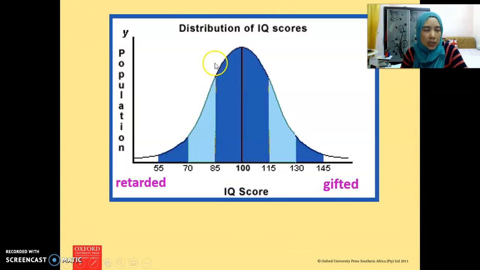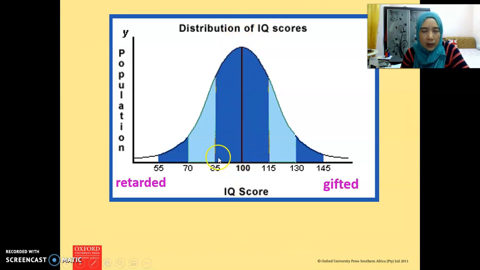So if you study business statistics, you will see that the normal distribution shape is like this, and the majority or the mean is at the middle. The mean at the middle indicates that the majority or the average of the population is at the center.